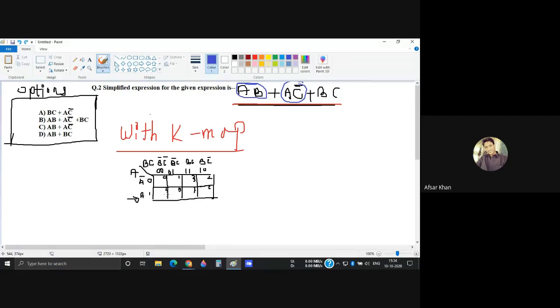Sorry, here it will be 1 because this A is with B, and A will also be with C bar. So here it will be 1. And here B and C are 1, 1, so here it can be 1. So I can write here like this.